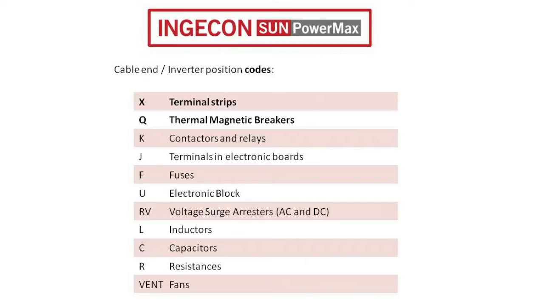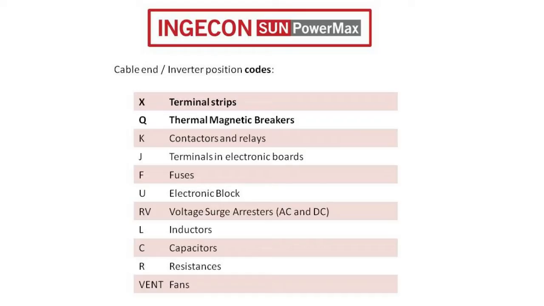Every code starts with a letter, and this gives you information about the element to which the cable is connected. So if a particular code starts with an X, we know that that cable end is connected to a terminal strip. The terminal strip can be in the electronic block or elsewhere in the inverter.